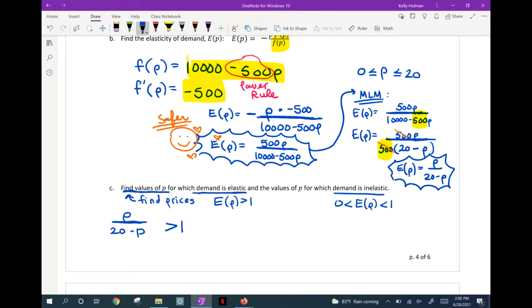Okay, so we're going to solve this inequality. This is just algebra, no calculus happening here. I'm going to clear the fraction, so I'm going to multiply the left-hand side and the right-hand side by the common denominator. Those will clear and leave me just a P. So P is going to be greater than 20 minus P. And then I'll just get all the P's on one side.